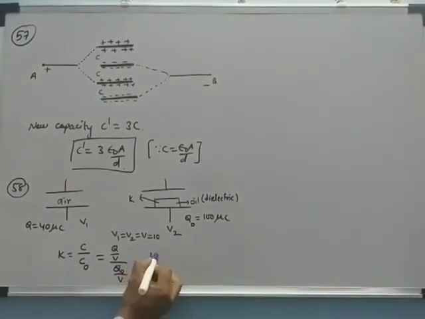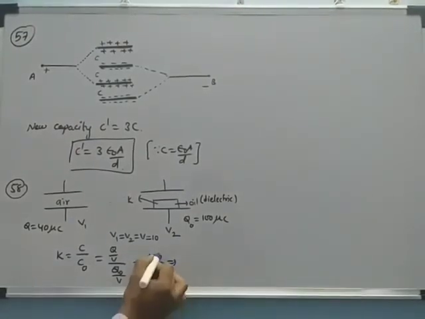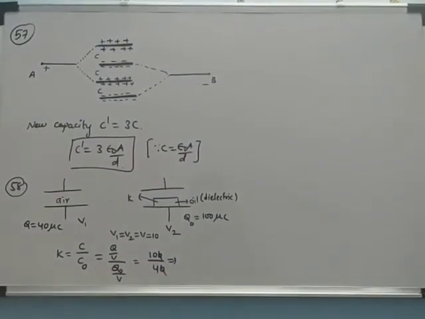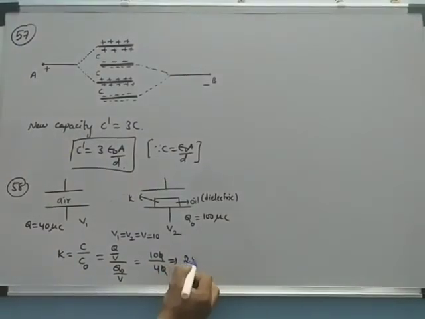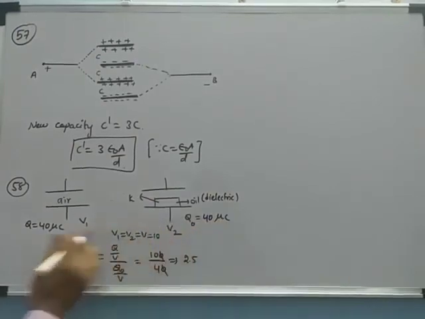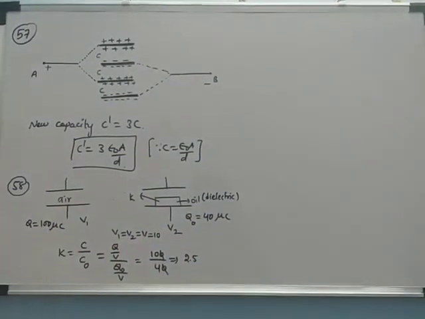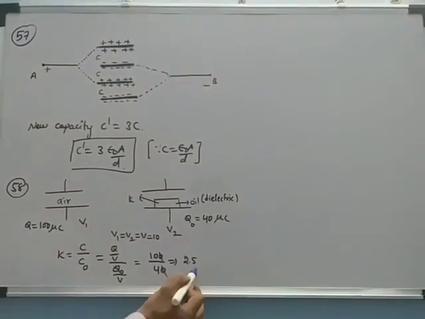That is equal to 100 by 40. The zeros get cancelled, and the value is 2.5. So the dielectric constant K is equal to 2.5.